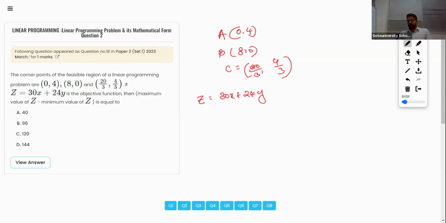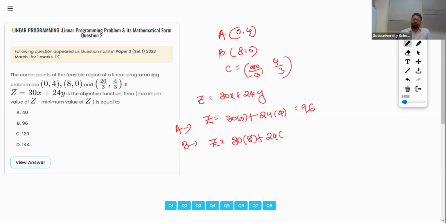We just have to substitute, you don't have to draw any graph. If I put A, 30 into 0 plus 24 into 4, which is 96. Second one, B: z is equal to 30 into 8 plus 24 into 0, which is 240.